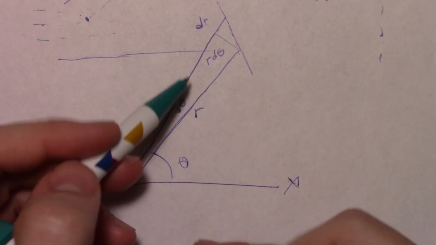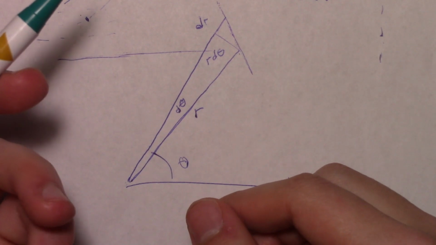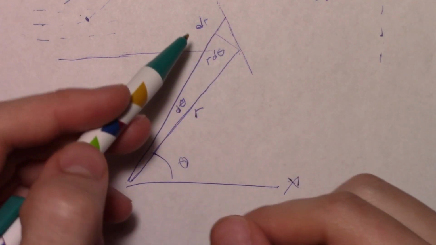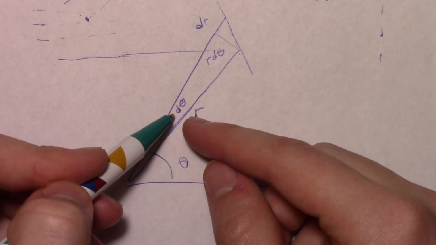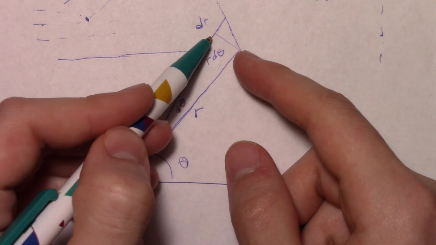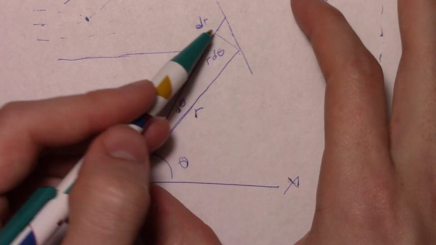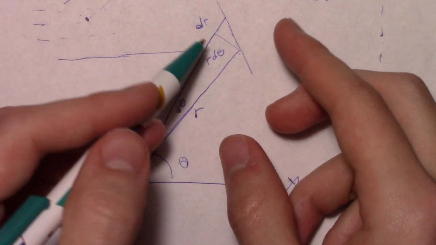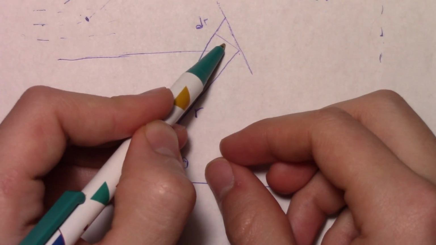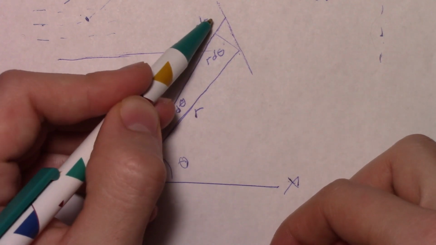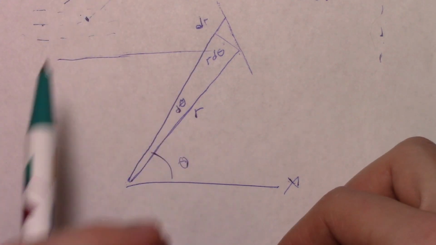I messed this up before, but it has to be r d theta because, as r goes further out, this length gets bigger. If r is twice as big... Hopefully you guys know. This length right here is r d theta. This length right here is dr.